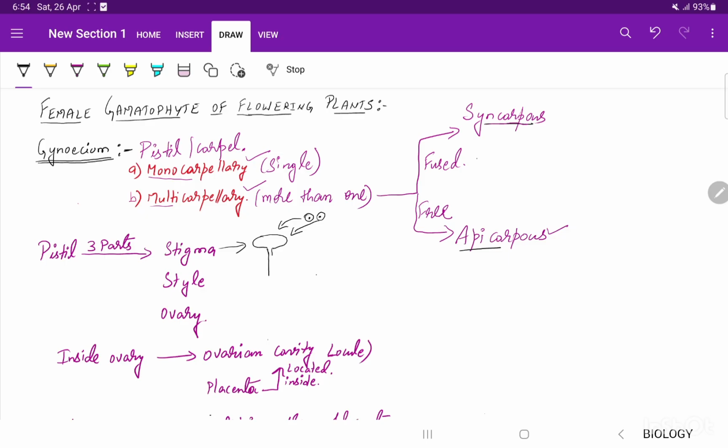Next to the stigma, there is a long slender tube-like structure that is called style. And lastly, the basal bulged part where the female gametes are present is called ovary, which is having ovules inside. We'll see these in detail in the coming session.